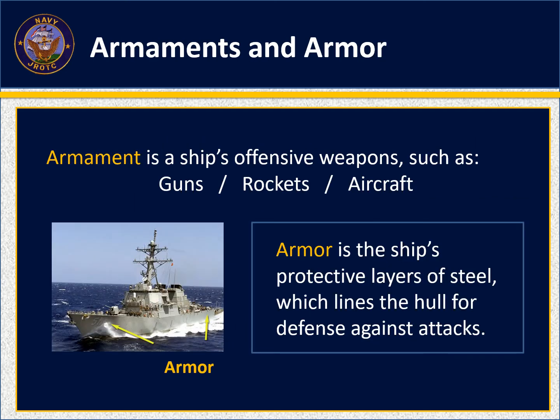Armament. Armament to a warship is what makes it a warship. It's weapons that it carries, such as guns, rockets, missiles, aircraft. We typically break our weapon systems down into two types of weapon systems: offensive weapons and defensive weapons. Think about a football game.